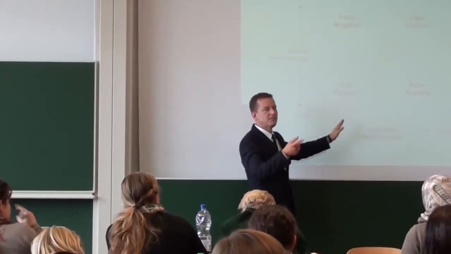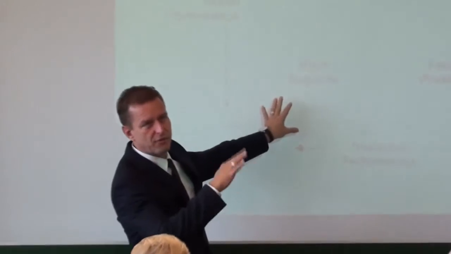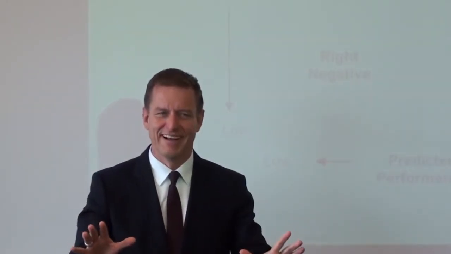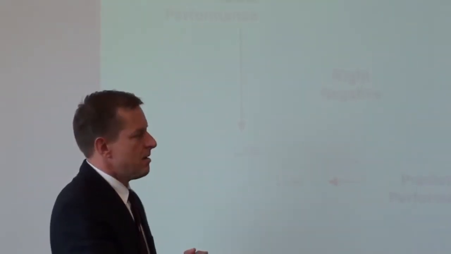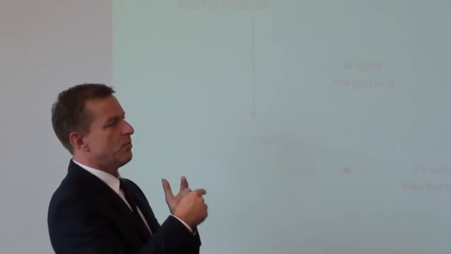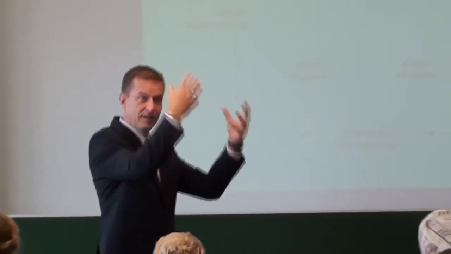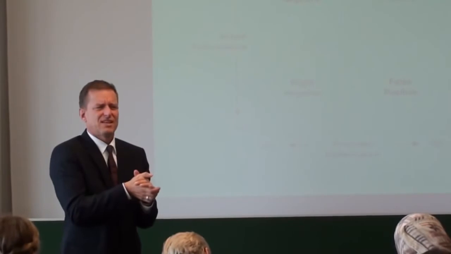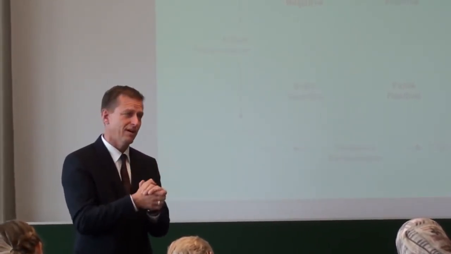And indeed, if I would have hired you, performance would have been low. That's great. That was the right negative. If I think your performance will be very high, and indeed, once I have hired you, performance is really good, then we talk about the right positive. That's great too. I made a right decision to hire you.